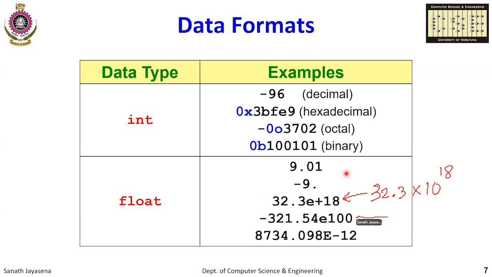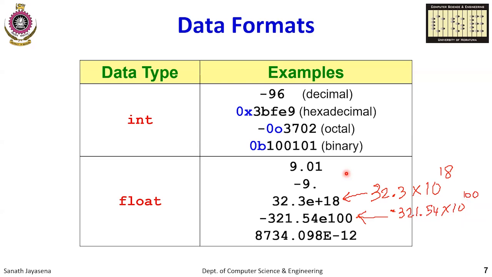And this one is a negative number, minus 321.54 multiplied by 10 to the power 100. Oh, sorry, let me write it again. So this is minus 321.54 into 10 to the power 100, right?